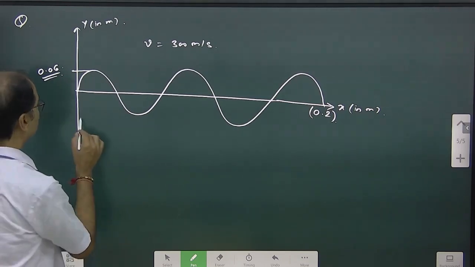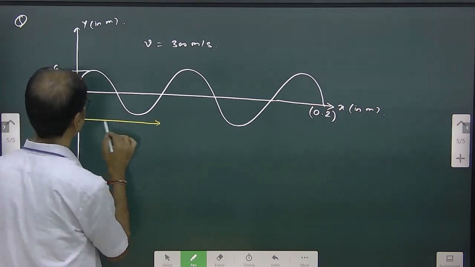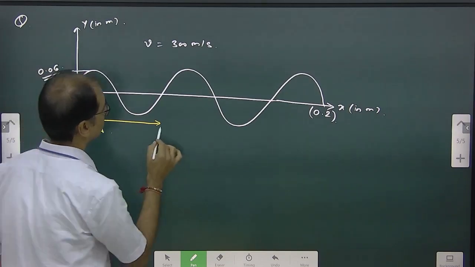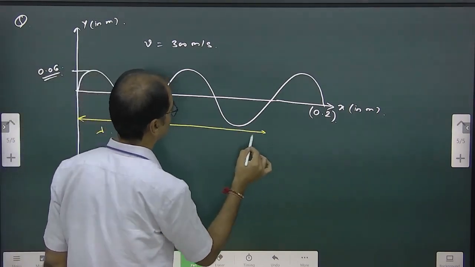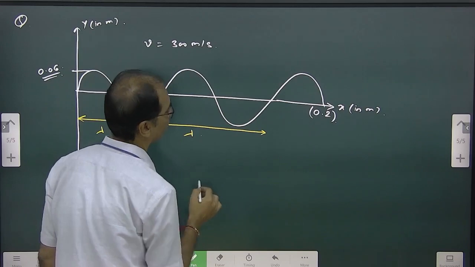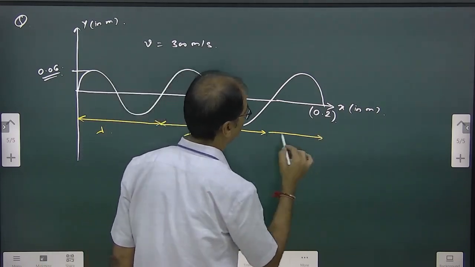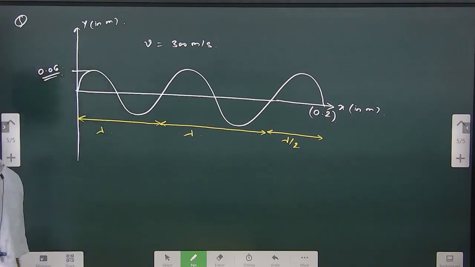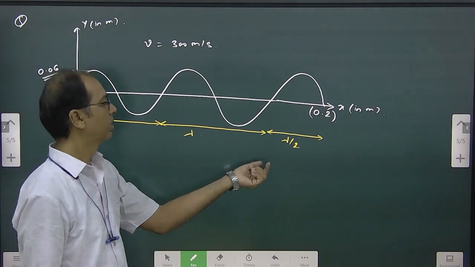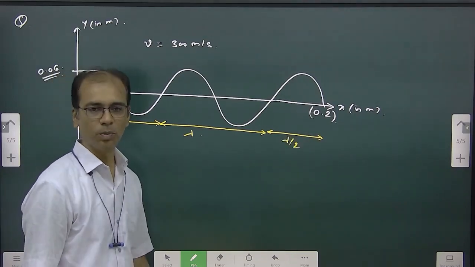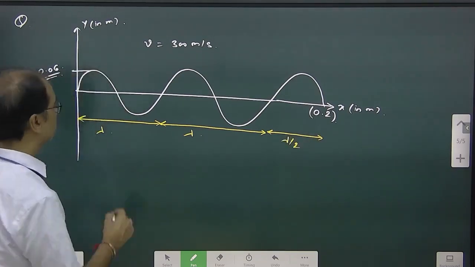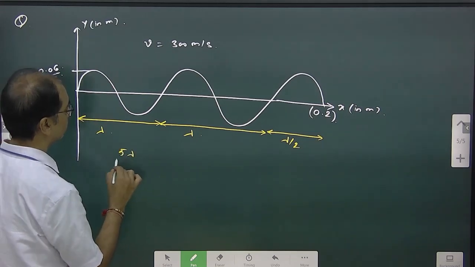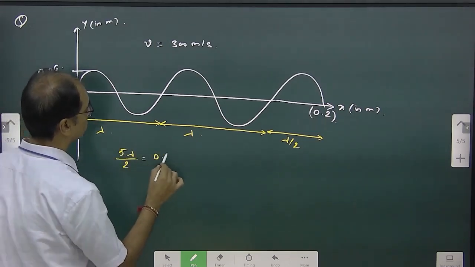See, this is one wavelength. This is lambda. This is another one, it's lambda. And this is half wavelength. Okay, lambda plus lambda by 2 equal to 0.2 meter. So 5 lambda by 2 is 0.2.